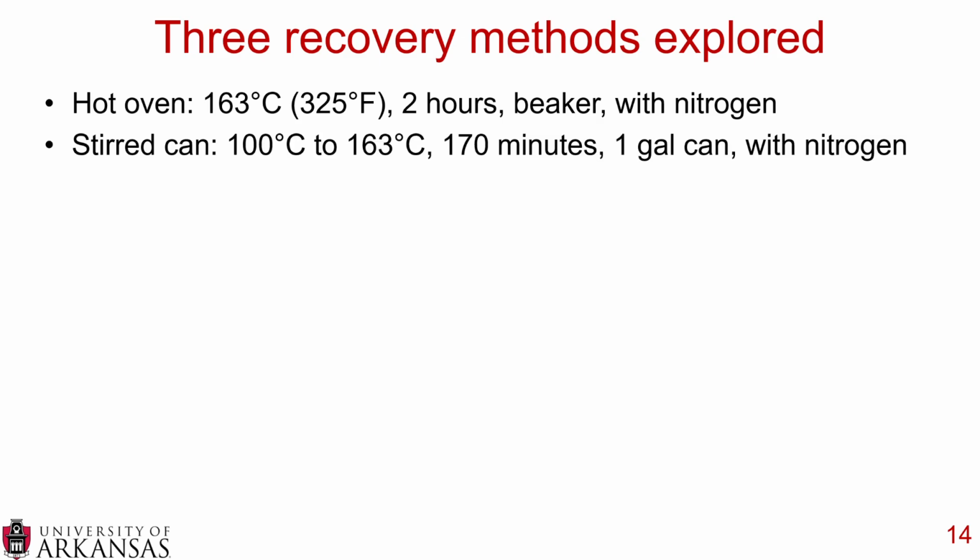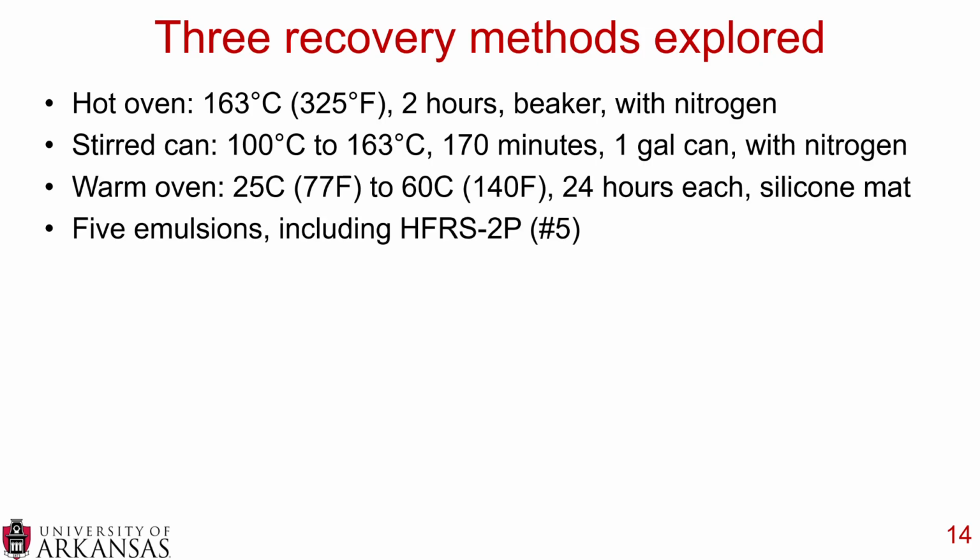You can do the stirred can method, where you start at 100 and go to 163 degrees Celsius for 170 minutes in a 1 gallon can, again having nitrogen in the air. Or you can do a warm oven, which is 25 degrees Celsius to 60 degrees Celsius, 24 hours at each of those two temperatures on a silicone mat. So these are the three methods that were explored based on the literature that I reviewed.